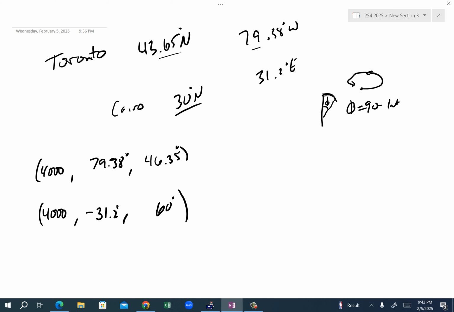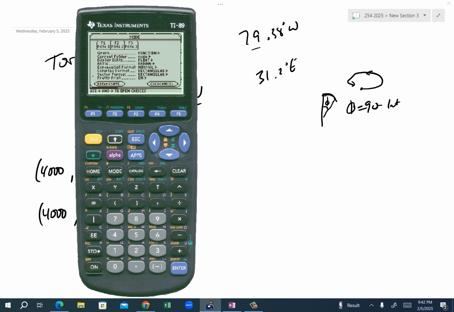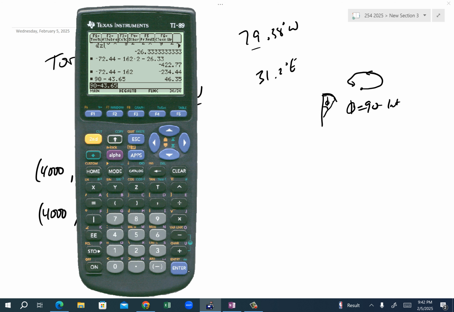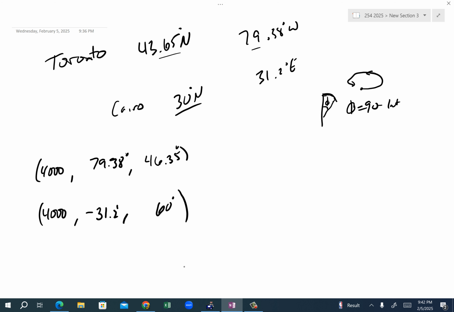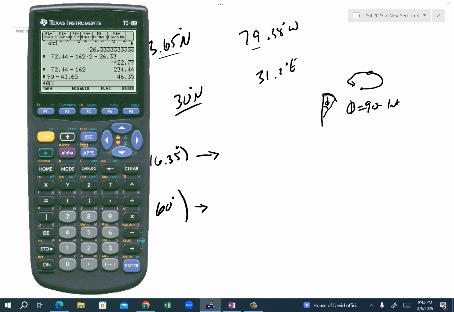Okay, so what we have is we've now converted all this stuff to the actual spherical coordinates. Now, we need to convert these guys to rectangular coordinates. So the formula goes something like this. Remember, it's 4,000. So rho times the cosine of theta.